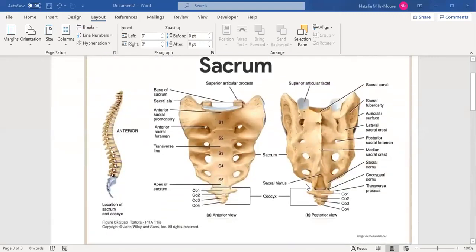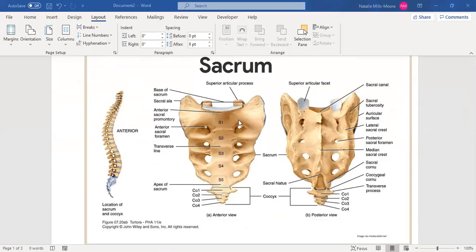Let me show you the picture of the sacrum here. So we're down here at the bottom, obviously, the location of the sacrum and coccyx. Sorry, this is the anterior side.